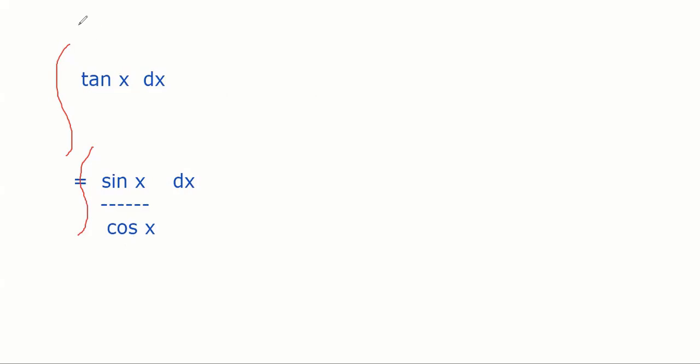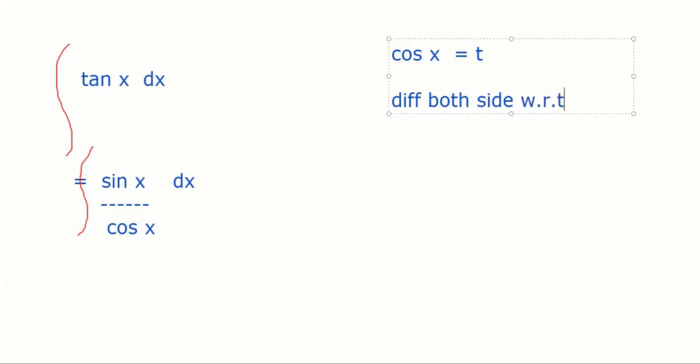Yes. Let's see, suppose cos x equal to t. Assume the denominator as anything, say cos x equal to t. You differentiate both sides with respect to x. What is the differentiation of cos x?